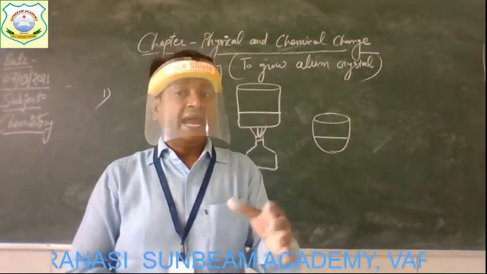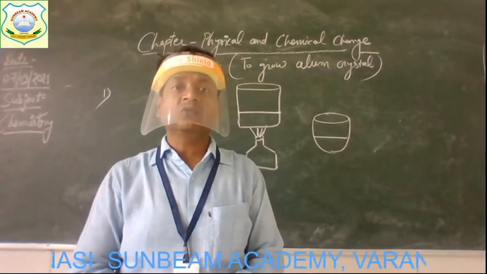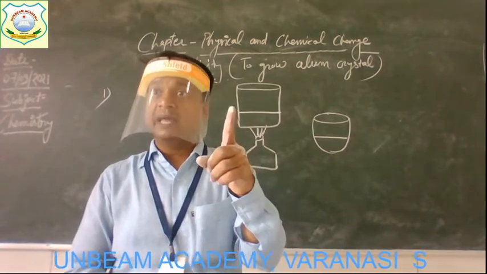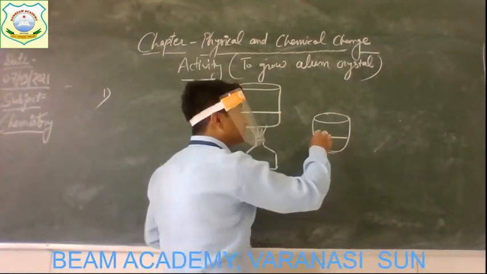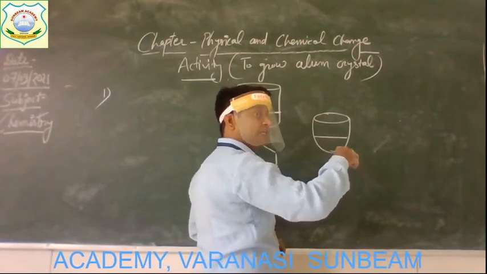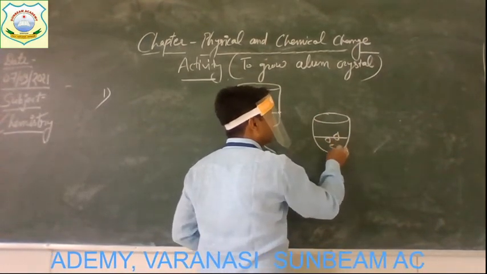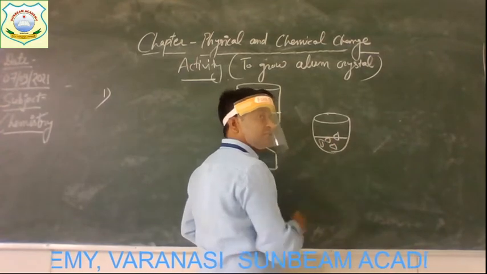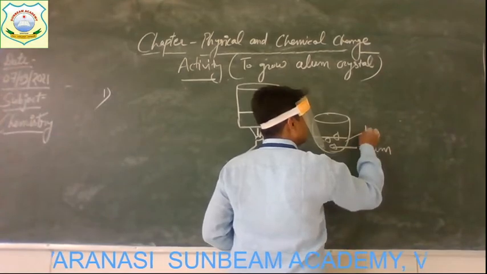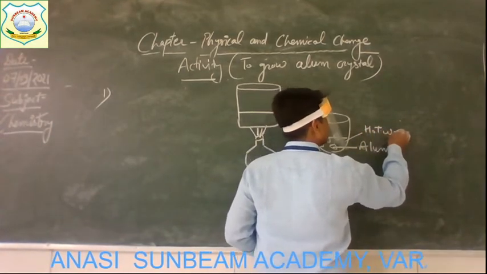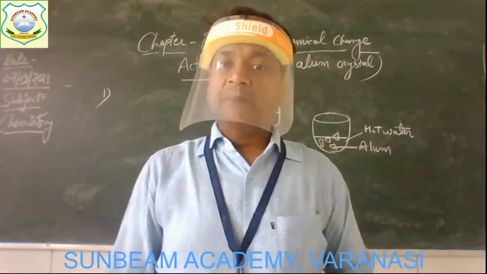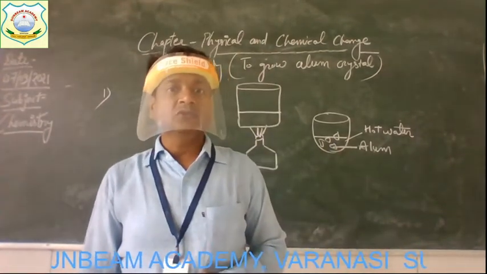Now, add the alum slowly to this hot water and stir. The alum which you have, add those alum crystals slowly and stir with a spoon. Okay, so what do you have to add here? Alum. Alright? Now, after stirring, what do you have to do?